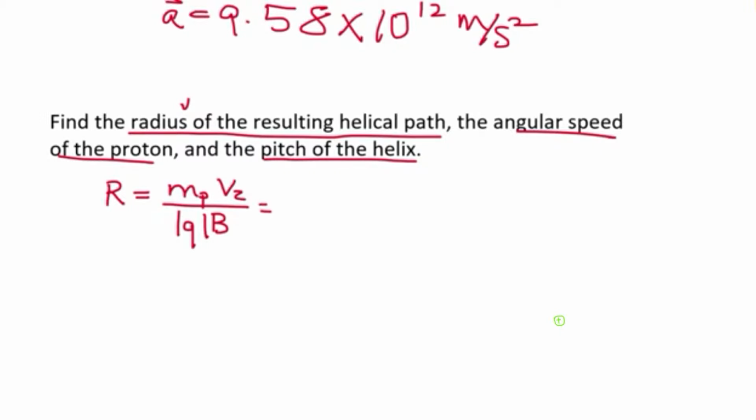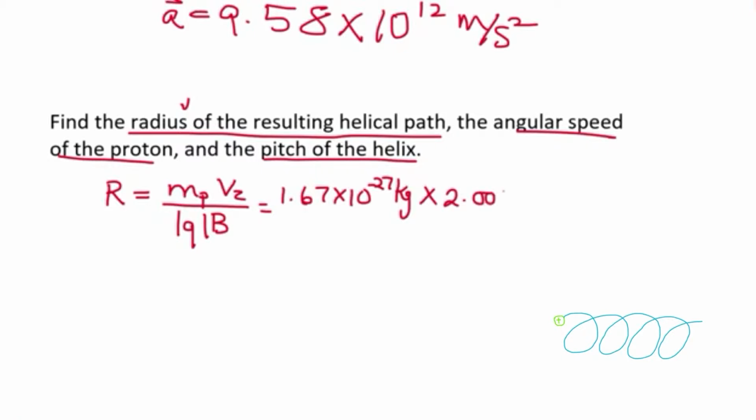Once you're able to figure that out, the mass of the proton is 1.67 times 10 to the negative 27 kilograms, multiplied by the velocity on the z-axis, because the velocity component in the z-axis is transverse, or perpendicular, to the magnetic field. This is equal to 2.00 times 10 to the 5 meters per second.